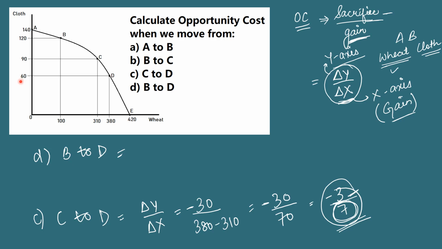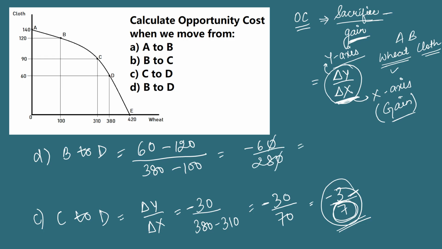So we will subtract 60 minus 120, divided by delta X, meaning change in X. From B to D, initial X would be 100 and the final is 380, so it would be 380 minus 100. When we subtract, minus 60 by 280. After simplification you will get minus 3 by 14, which means to increase production of wheat by 14 units, the producer has to give up 3 units of cloth.